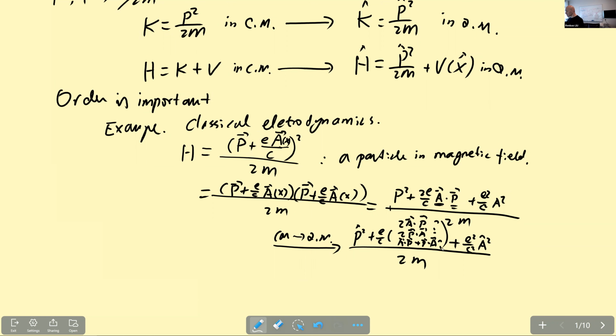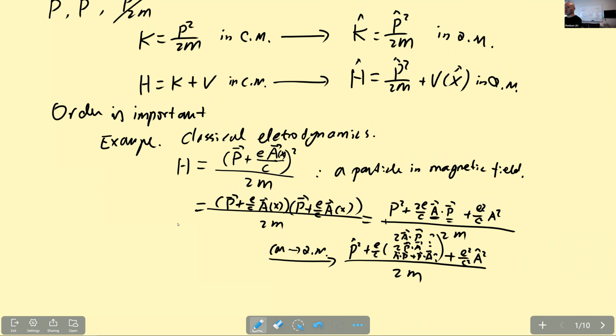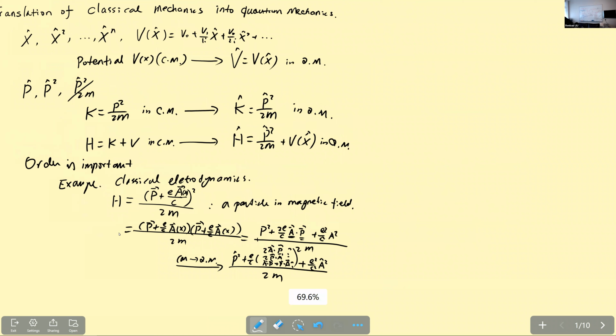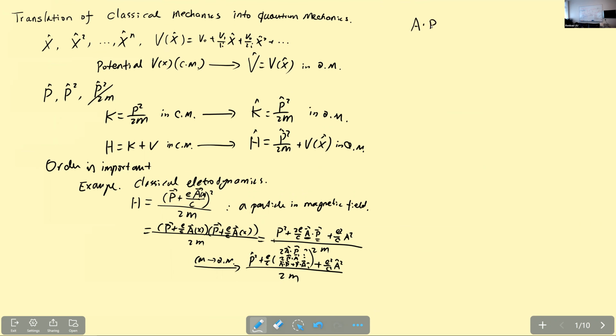Actually, if you really want to be hair-splitting, you have an infinite number of choices. In classical mechanics, A dot P equals P dot A, which equals square root of P dot square root of A times square root of A dot square root of P, and they equal P dot A one quarter, A dot P one quarter, P dot A one quarter, A dot P one quarter. So there are many choices.